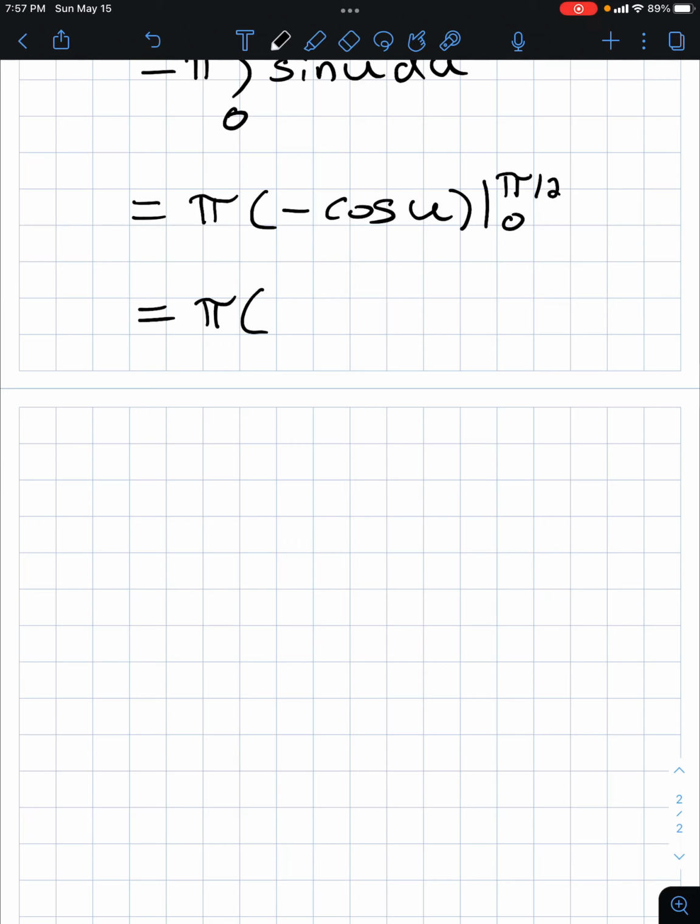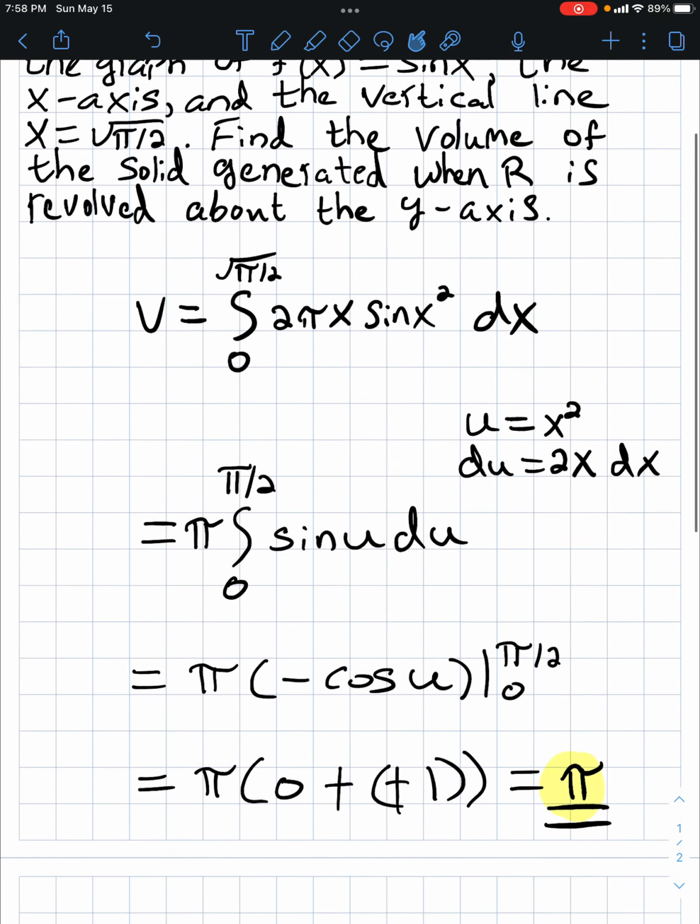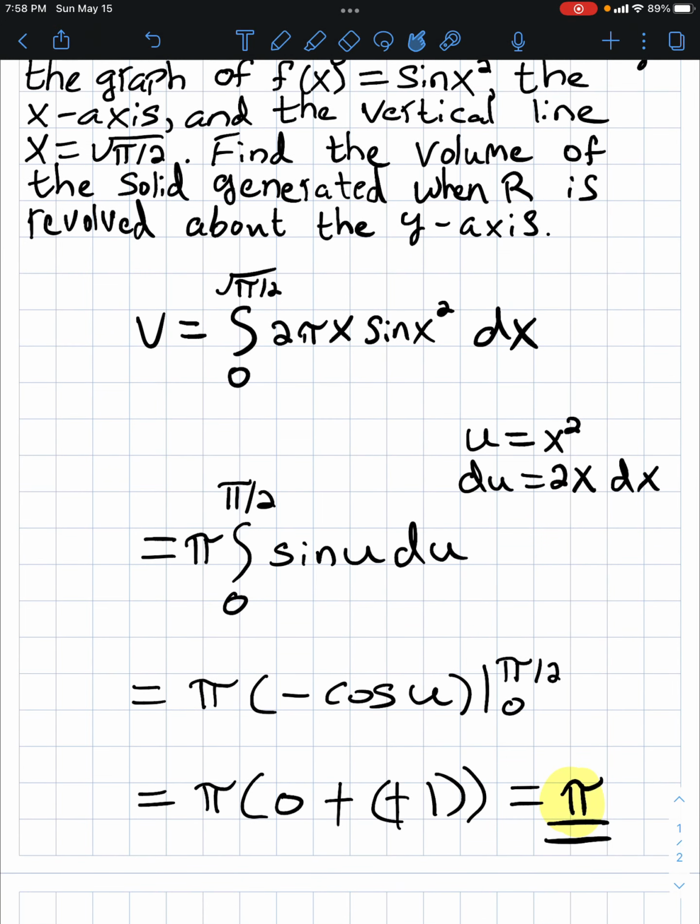That is equal to 0, and then minus a negative 1, because cosine of 0 is 1. This becomes plus a positive, so pi times 1 is equal to pi. That is the solution for the problem. So the volume of the solid generated when R is revolved about the y-axis is equal to pi.